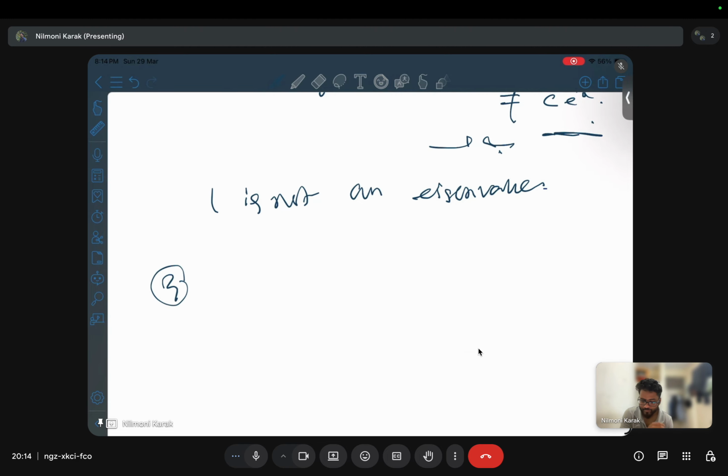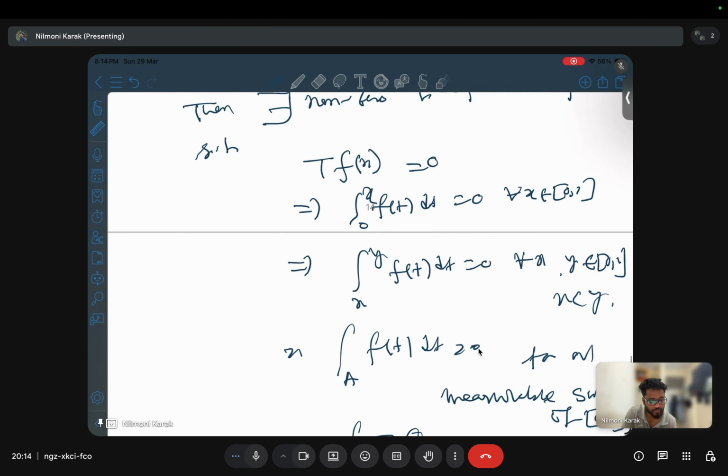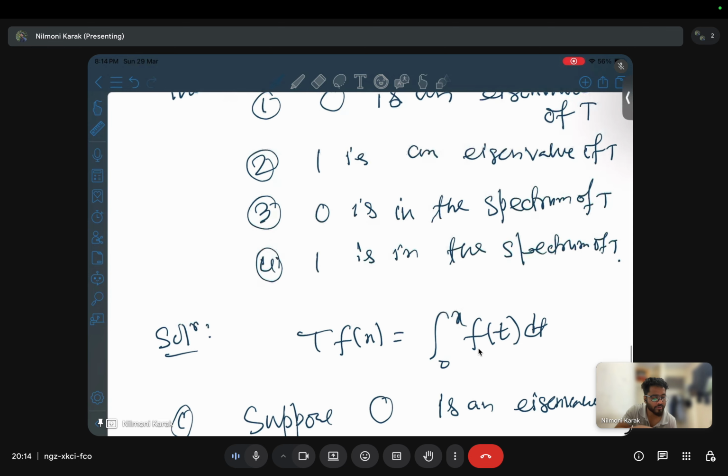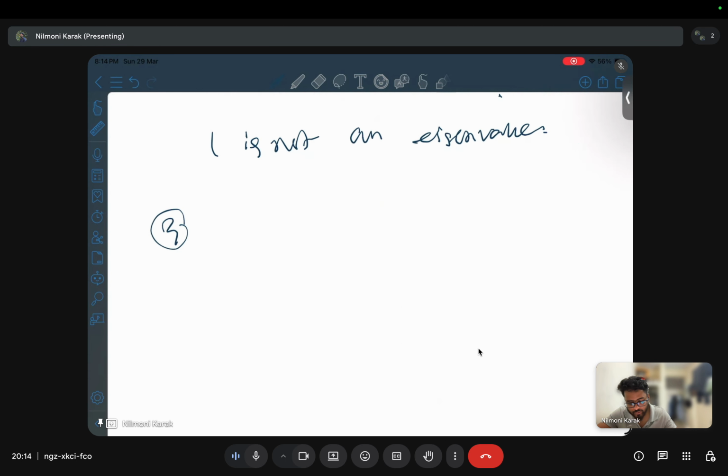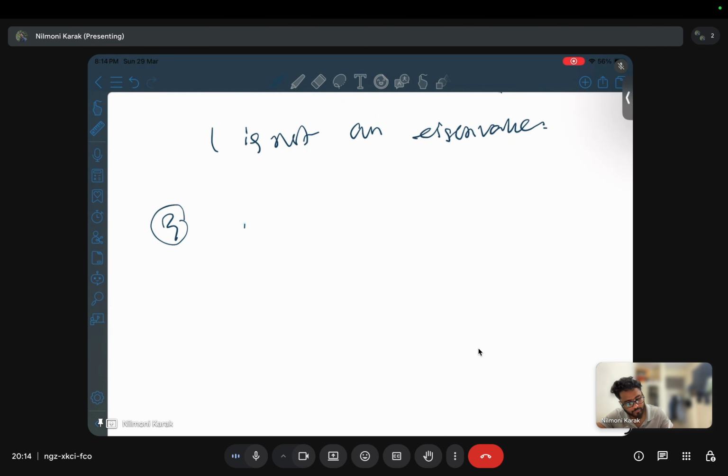Okay, option 3. What is option 3? Option 3 is 0 is in the spectrum of T. So first of all, let us see the definition of spectrum.